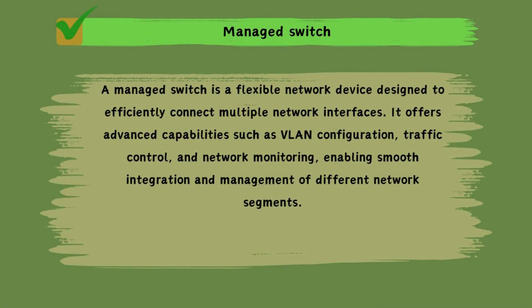A managed switch is a flexible network device designed to efficiently connect multiple network interfaces. It offers advanced capabilities such as WLAN configuration, traffic control, and network monitoring, enabling smooth integration and management of different network segments.